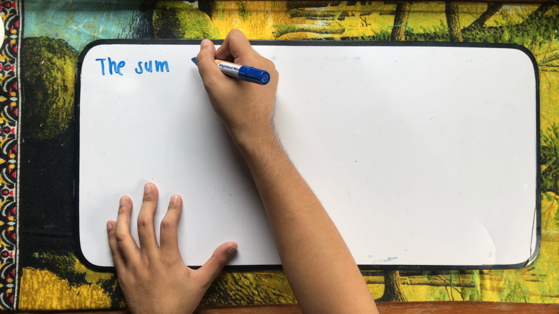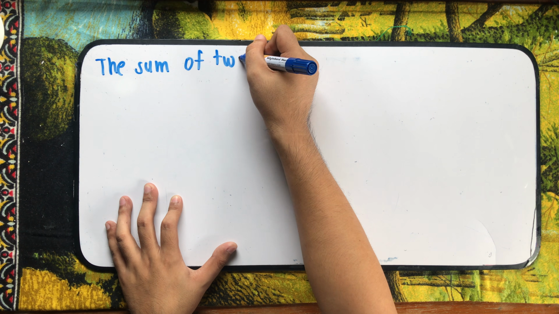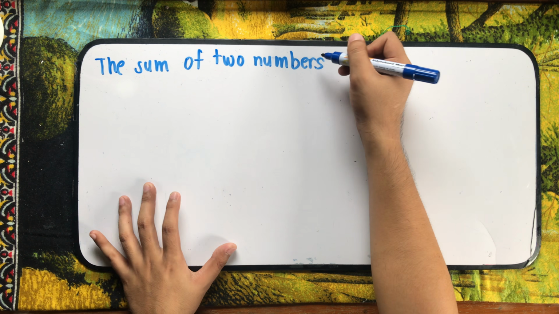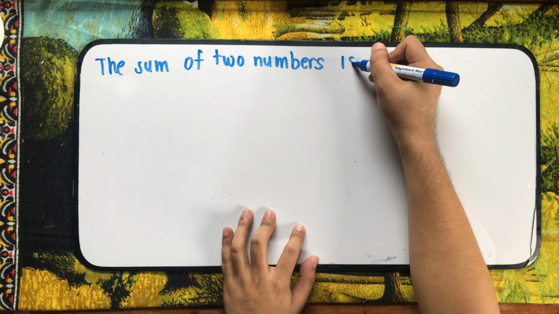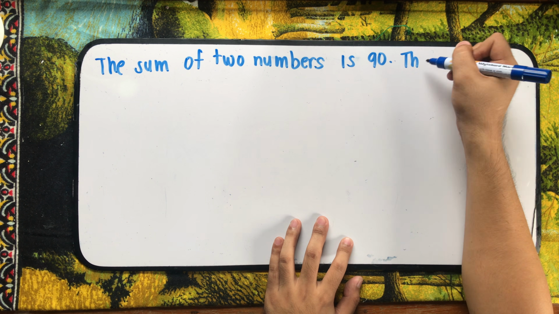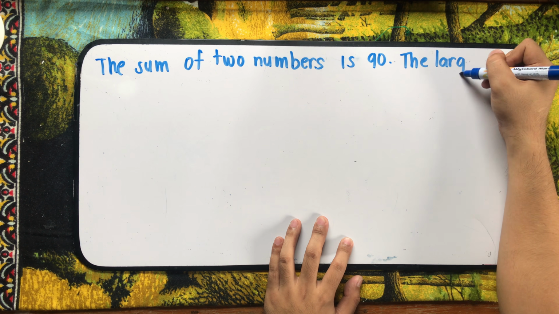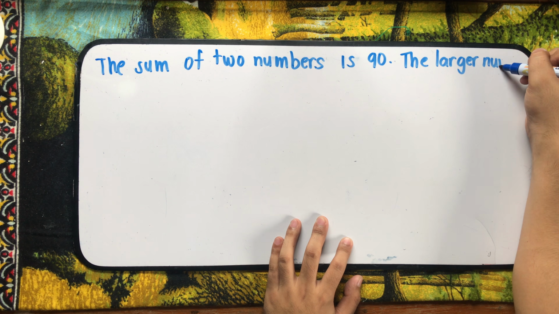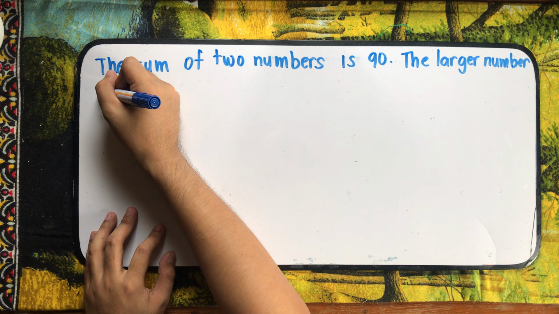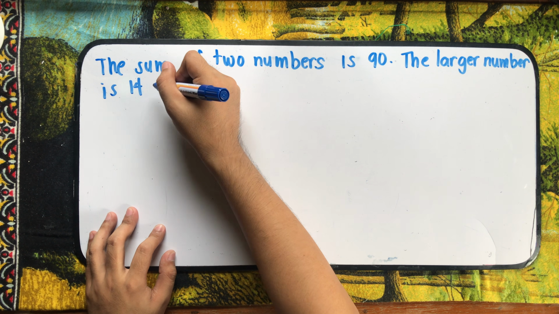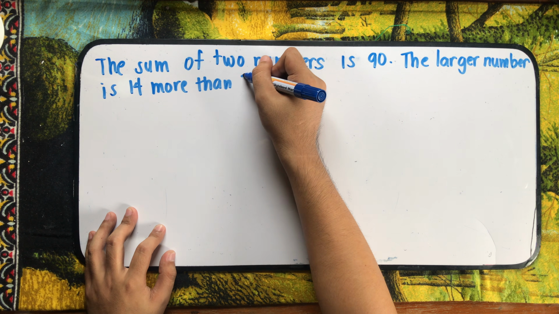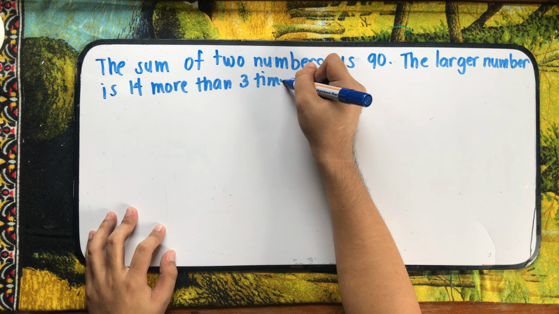The sum of two numbers is 90. The larger number is 14 more than 3 times the smaller number.